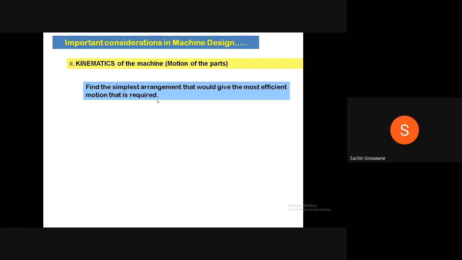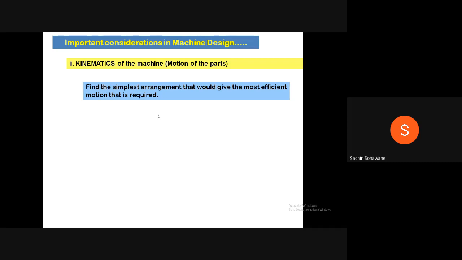First is completely constant motion, next is incompletely constant motion, and next is successfully constant motion. Now you have seen that whatever motion should be there, that motion should be only in one direction.